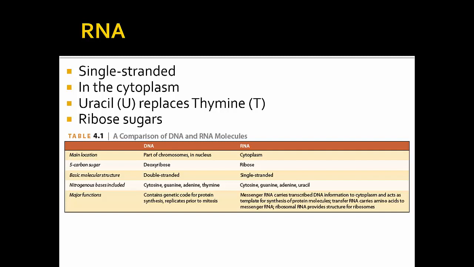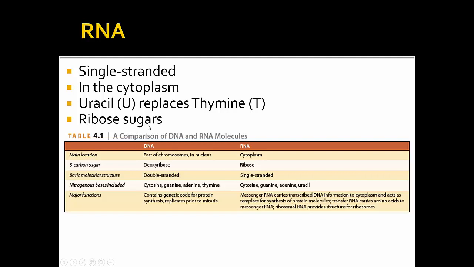The last nucleic acid I want to talk about is RNA. So RNA is similar to DNA, except its two major differences are that it is single-stranded and that it has a U instead of a T. So U matches up with A instead of T with A. So anywhere that you would normally have a T, now you're going to have a U. It is made of ribose sugar instead of deoxyribose.